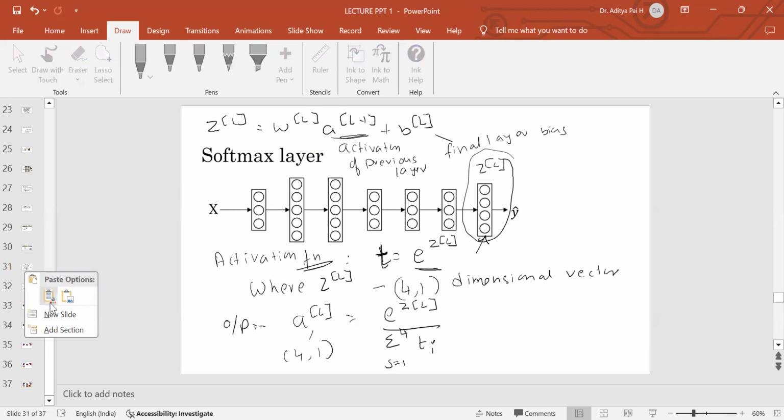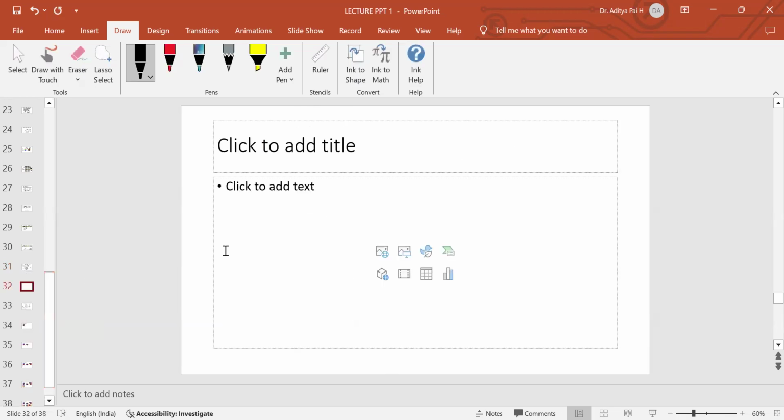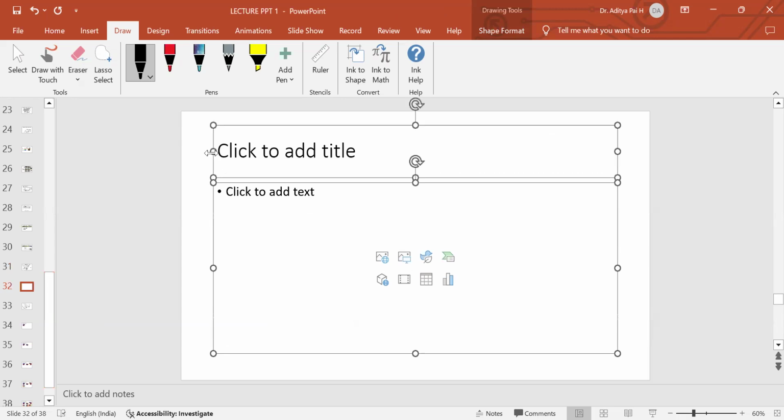So how to calculate this? If you want to see mathematically how it is calculated, you have to understand it with an example.